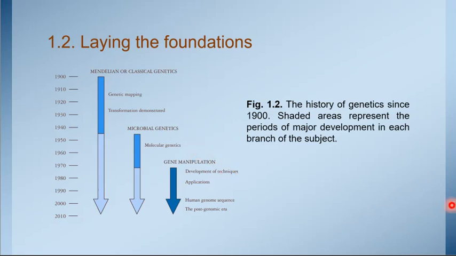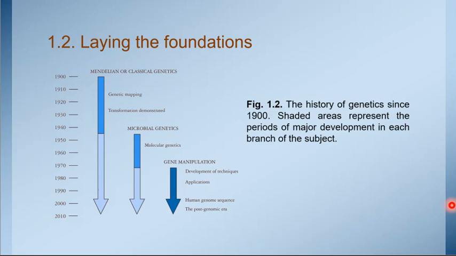So the science of genetics really began with the discovery of Gregor Mendel's work at the turn of the century, and the next 40 years or so saw the elucidation of the principles of inheritance and genetic mapping.